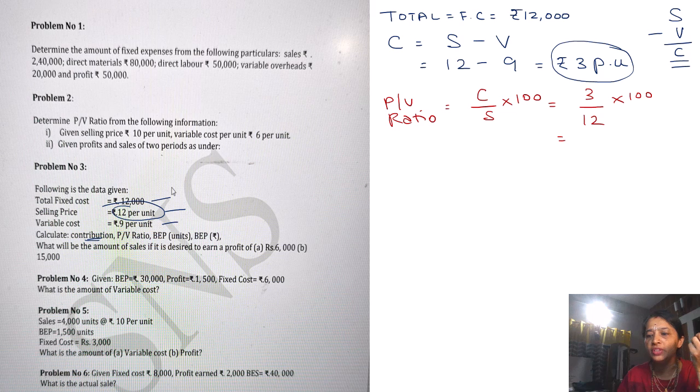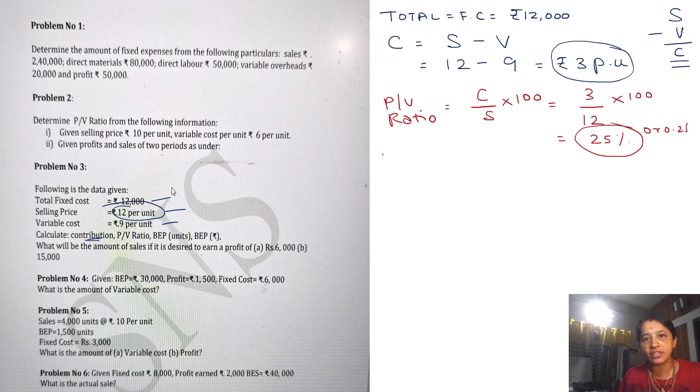So your PV ratio is 25%, or 0.25 if you don't multiply by 100. So this is your PV ratio. Next they have asked break-even point in units and in rupees.